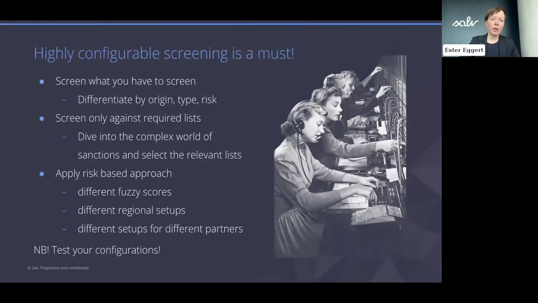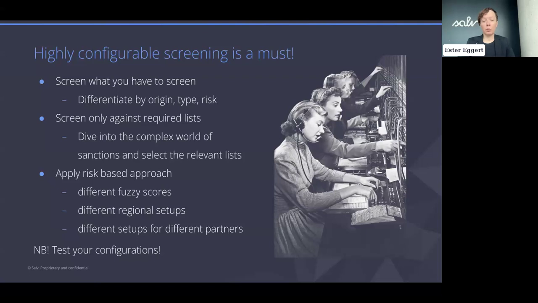What else? Configuration. This is a topic that we really love. In an ideal world, when it comes to screening, how configuration should work is that whoever is the owner of your business logic from the compliance side, whoever is the decision maker, should also have the power to apply configuration. If it works in a way that you need to rely on your IT teams in order to implement any changes, then this is bad.